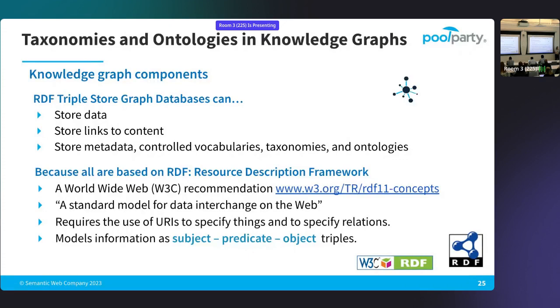It is quite basic, and it just requires that everything has URIs to specify the things and the relations as well, and models everything in triples of subject, predicate, object. And remember, we said an ontology is based on these statements as well.